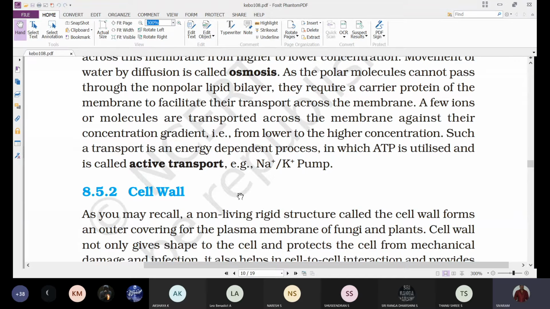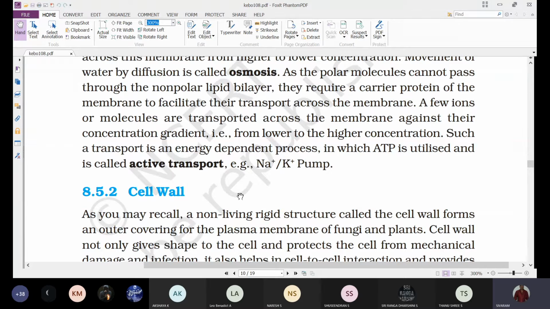The sodium and potassium pump will occur during nerve impulse generation and during muscle contraction. We observe these pumps develop a certain concentration gradient so that they can develop a certain electrical potential which generates the impulse.